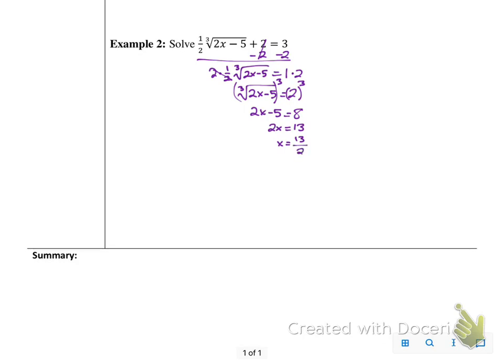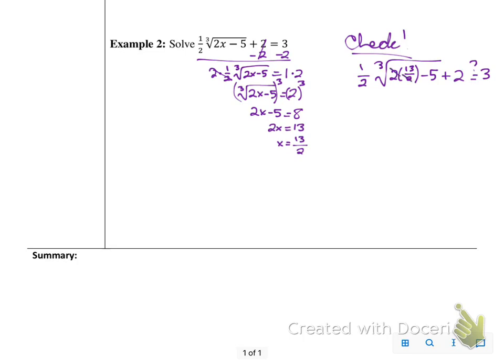Now we just have to check and make sure that it actually works. So we check over here. We take our 13 over 2 and we plug it in. So we have 1/2 times the cube root of 2 times 13 over 2 minus 5. We're asking if that plus 2 equals 3. Again, we're not sure, that's why we have the question mark.